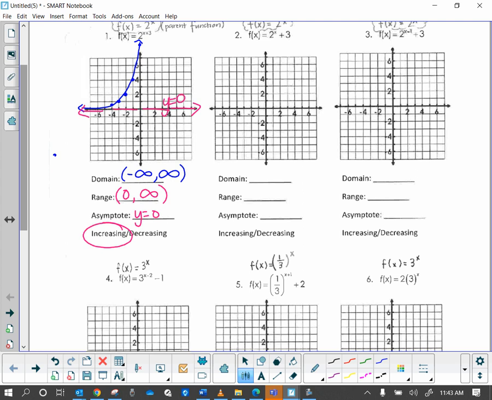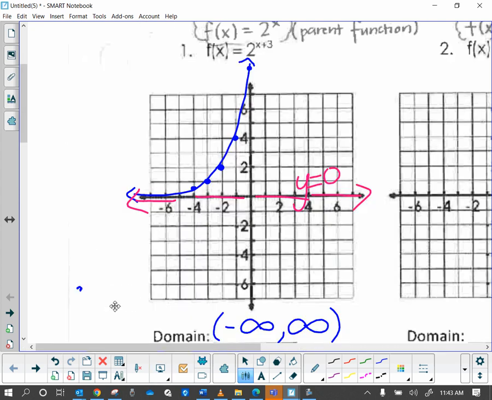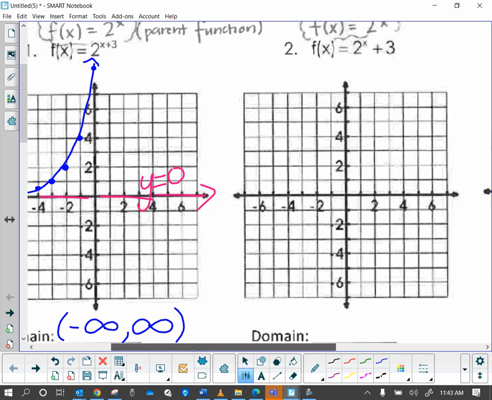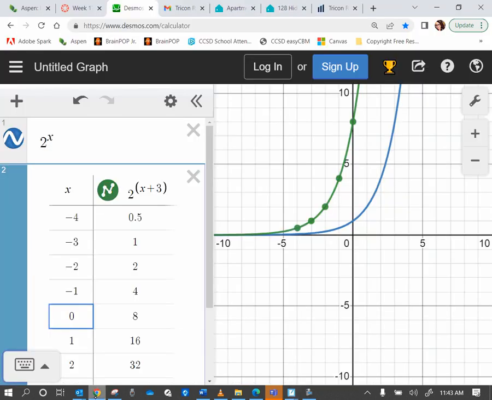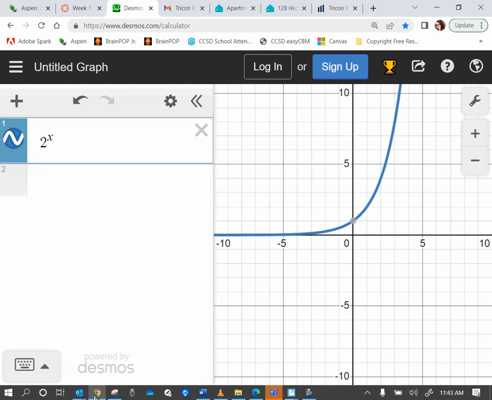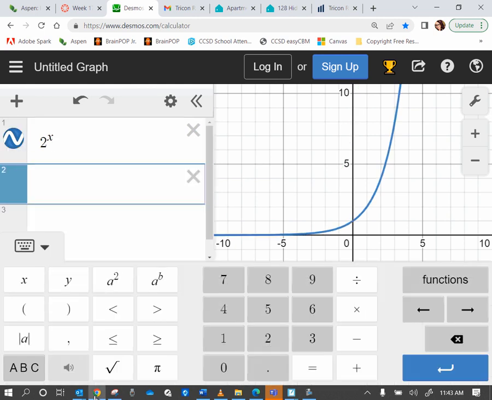Let's look at number 2. Number 2 says f of x equals 2 to the x and then a big plus 3. Okay, so let's graph that and see what it looks like. So 2 to the x, so 2 and then AB, put your x, and then hit plus 3.